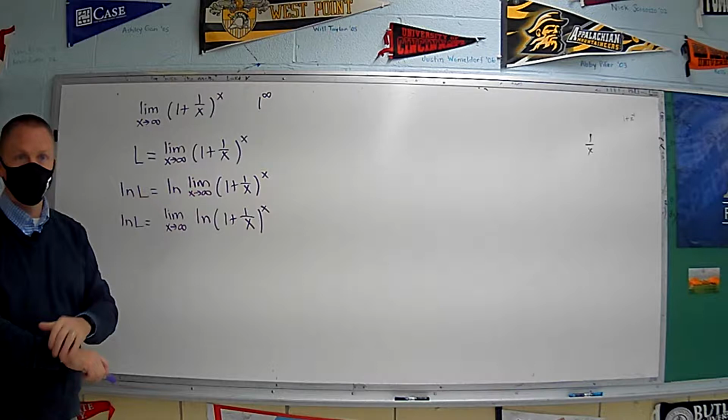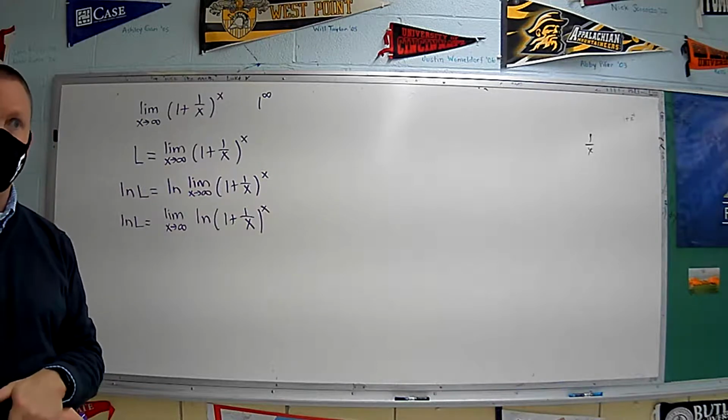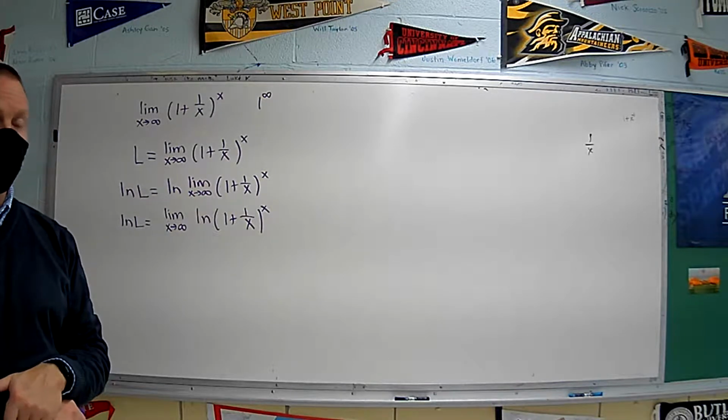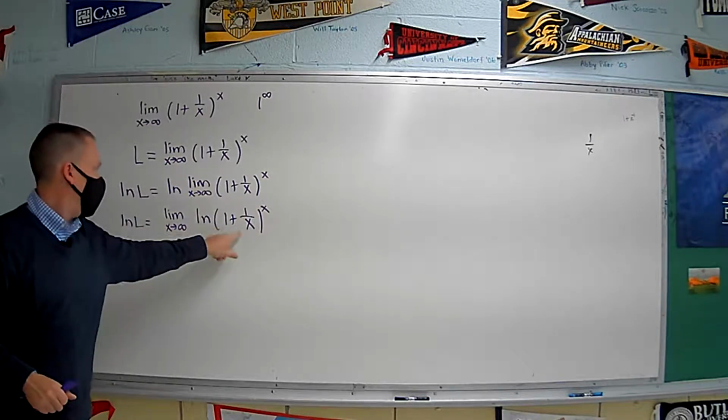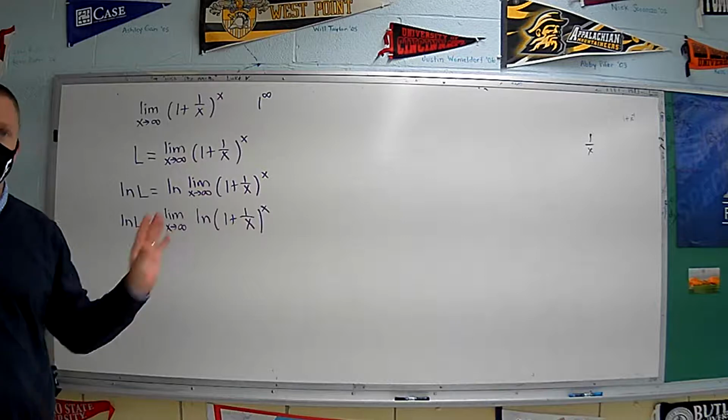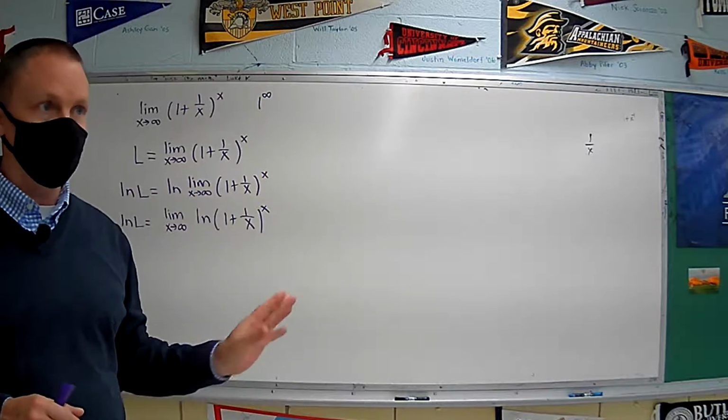Interchanging those is equivalent. It's only equivalent because the natural log function and 1 plus 1 over x and all that are continuous after 0. So that's the only reason why that works.